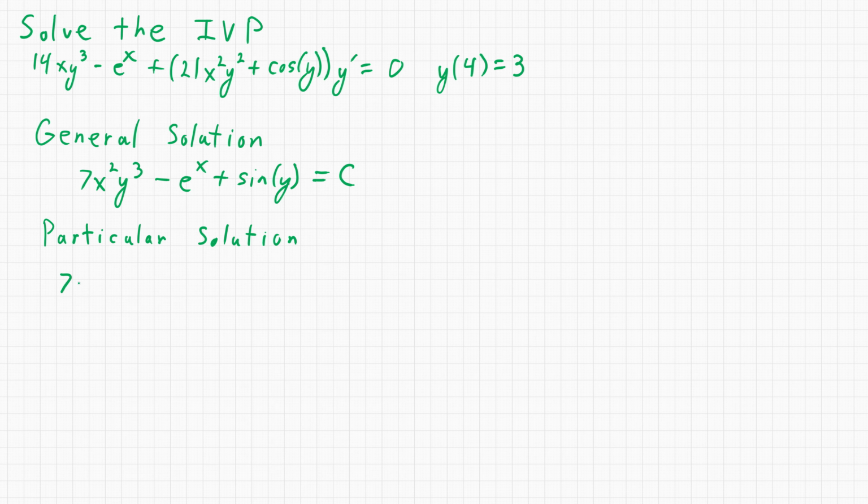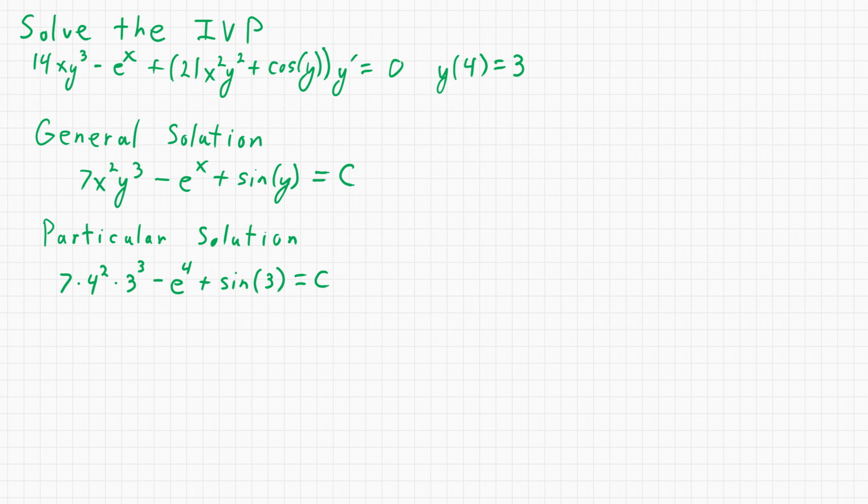So we'll have 7 times 4 squared times 3 cubed minus e to the 4th plus sine of 3. And that is c.